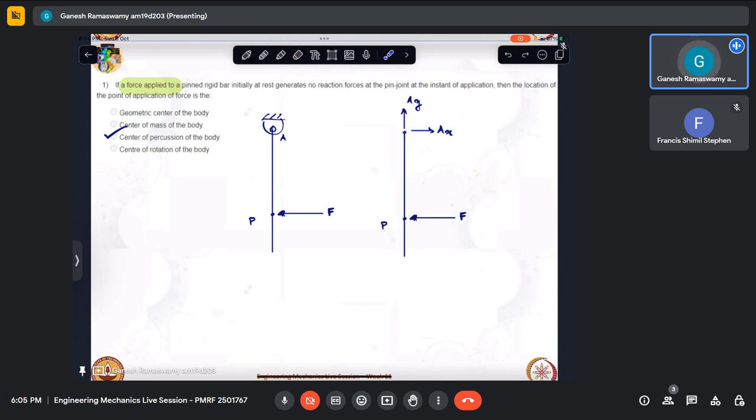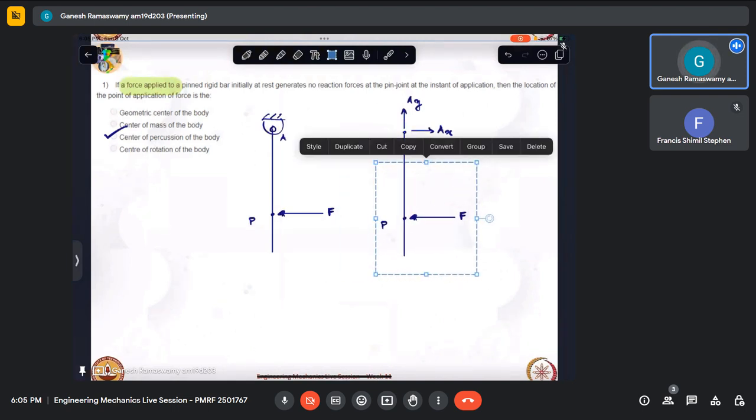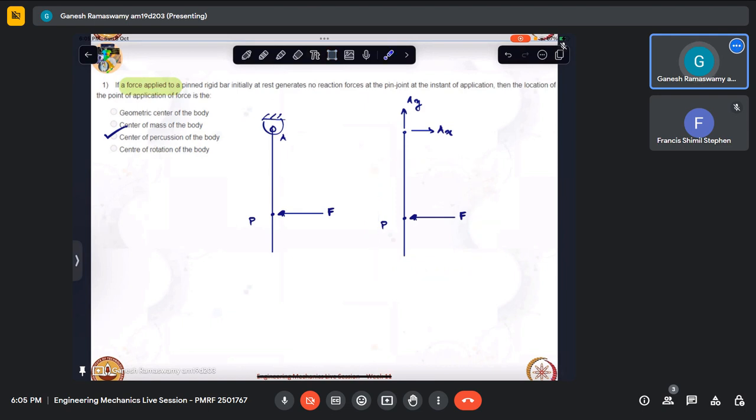Actually speaking, it is only rotating. What I'm trying to say is, if this pin was not there, this thing would first have translated like this. I'm just decomposing the motion into its components. So this translation first has to be arrested, which will be done by an AX applied in this direction. Secondly, this will also rotate, with a rotation like that.